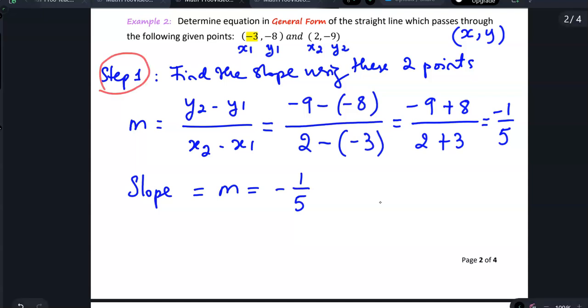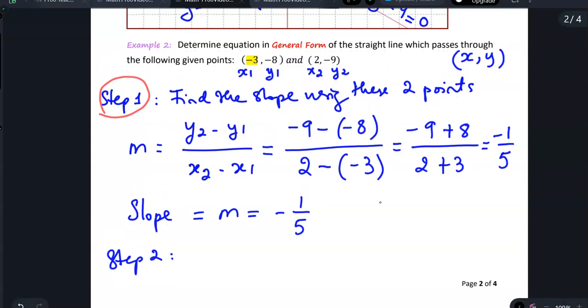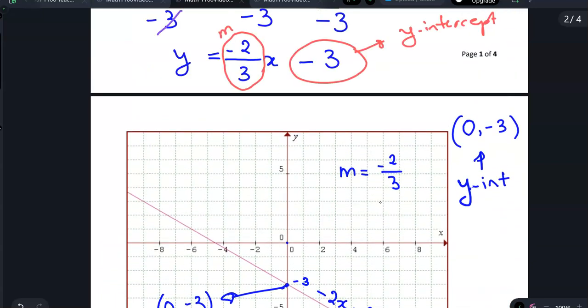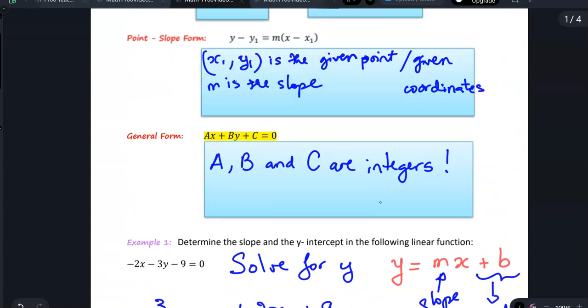Okay, so step number 2 is this. So you have to determine the equation of this one. So what you do is you have to go back to this.